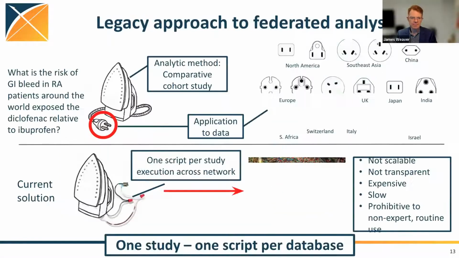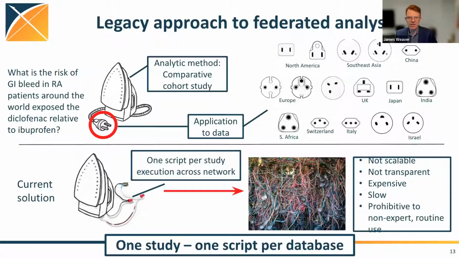Next, please. So this cartoon is a tongue-in-cheek representation of how early distributed analyses were conducted. So imagine the iron is a comparative cohort study design intended to estimate the risk of gastrointestinal bleeds in patients with rheumatoid arthritis around the world exposed to diclofenac relative to ibuprofen. Now say we wanted to conduct this study in databases from North America, Asia, Europe, and the UK.